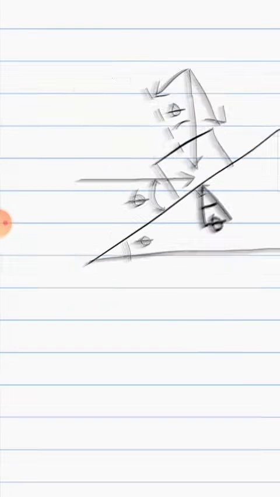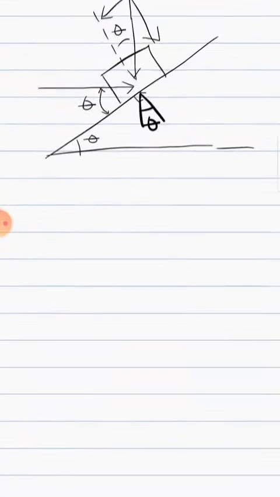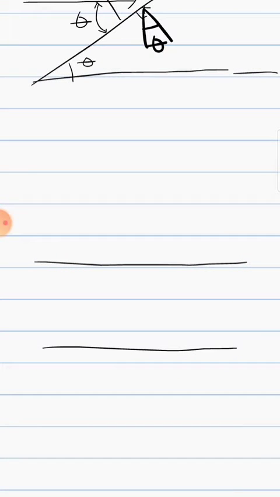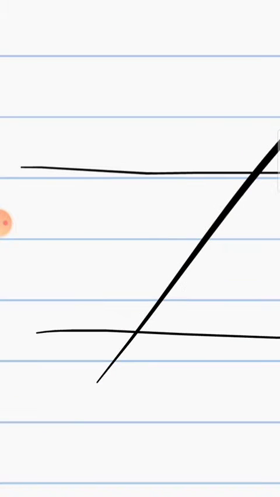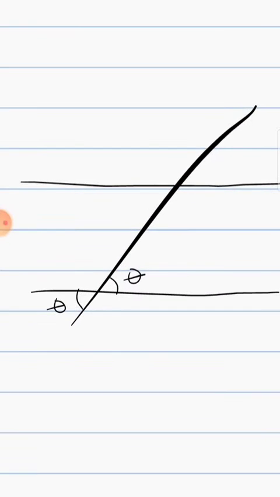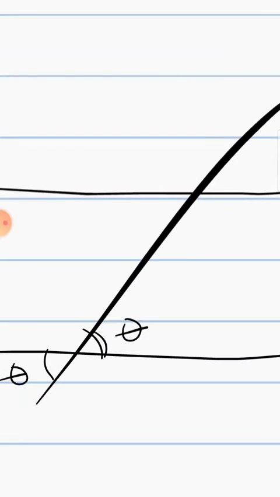So going back, why does this angle equal theta, or equal the inclination? That's because of this concept: if we have two lines that are parallel to each other and traversed by another line, if this is theta, this is also theta. And if this is theta, this is also theta.